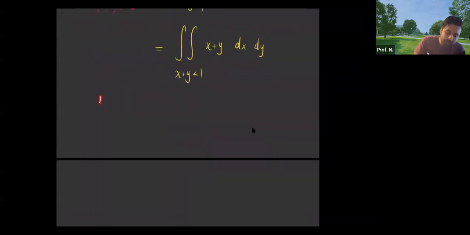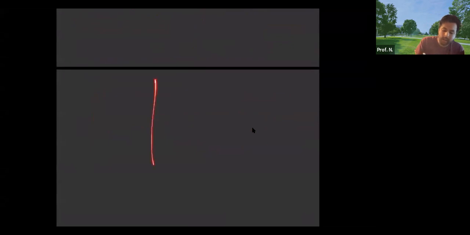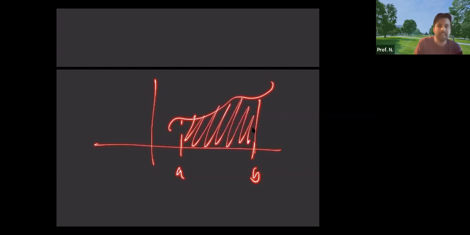So always go back to what you know. You know this is the area underneath the f of x curve from x equal a to x equal b. And what would that look like? That's a to b, and your function here, and underneath is the area, given by the integral.